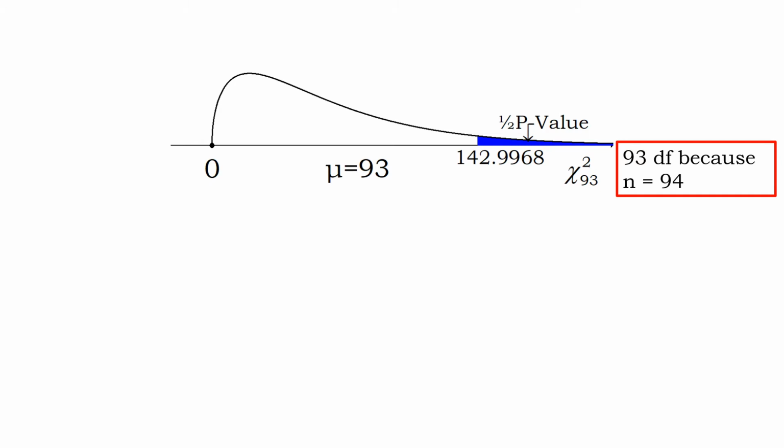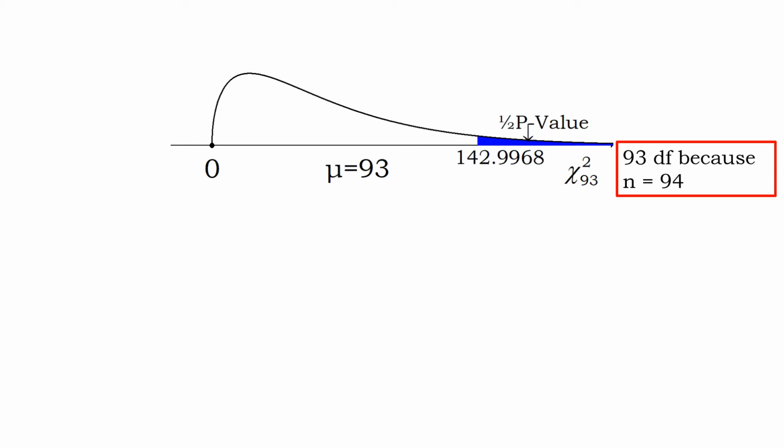We've left the sharks behind and turned everything into chi-squared scores. But on a chi-squared graph, your mean is equal to your degrees of freedom. So I know that the mean, which is roughly in the center of my graph, is going to be 93, which tells me that 142.9968 is over to the right of that mean.